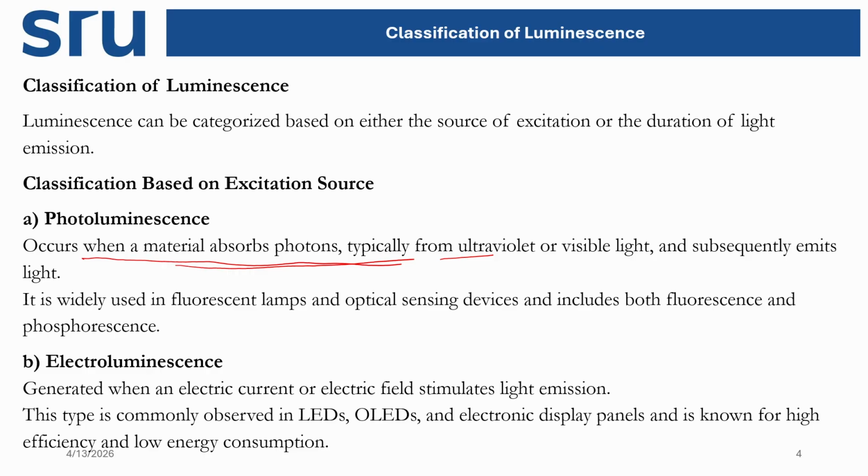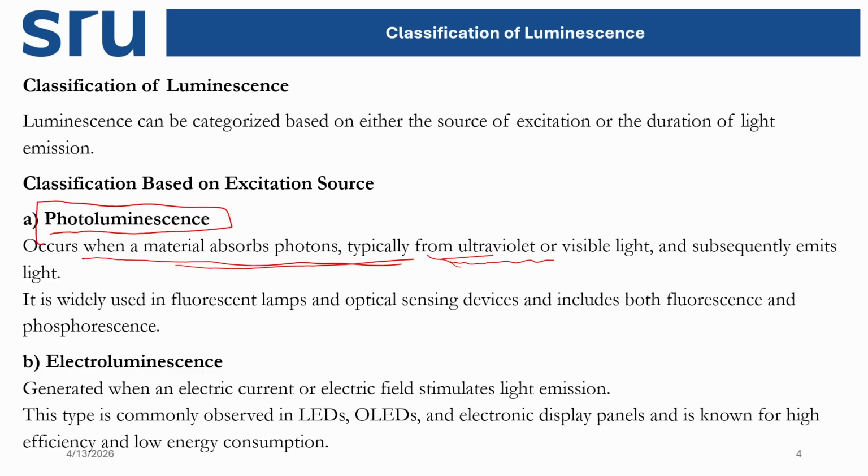That light is absorbed by the material, and the electron in the ground state takes that energy and is promoted to the excited state. When it comes back to the ground state, it emits radiation, then we call it luminescence property. If it is done by a source of light, maybe ultraviolet or visible light, then this process is called photoluminescence.